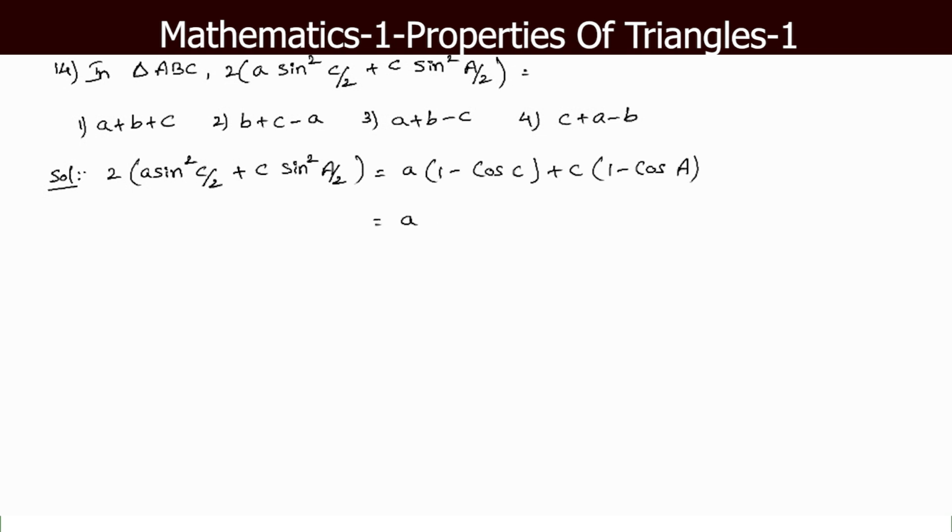So that is a plus c minus (a cos C plus c cos A). By the projection formula, a cos C plus c cos A is small b. So that is a plus c minus b. So the correct answer is option number 4.